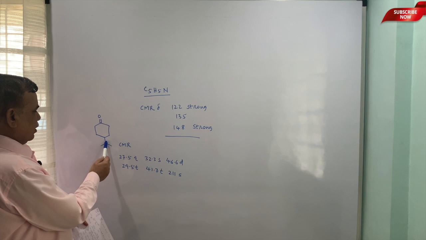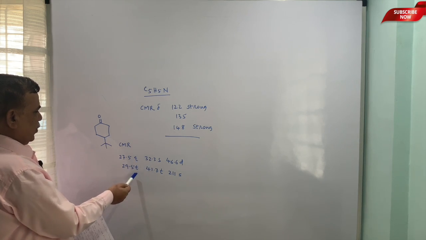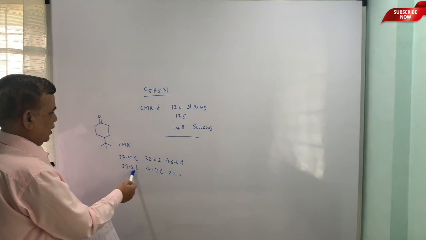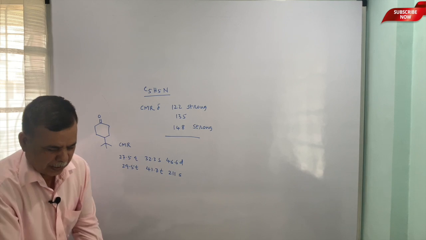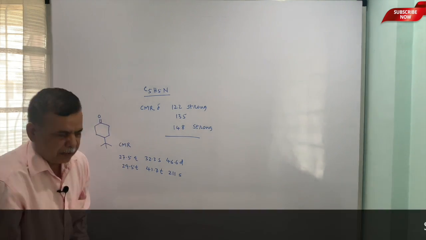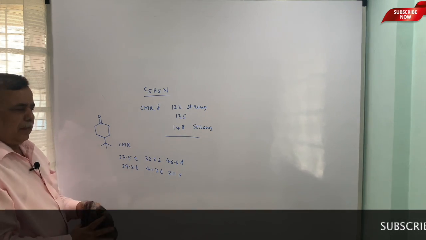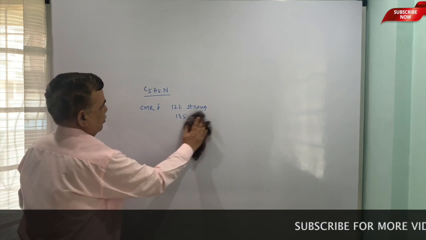This is the aliphatic one. So singlet is quaternary carbon, then methyl, methylenes and methine. So you are supposed to assign the signals on the basis of the multiplicities which are given over here. Okay. Next time I will once again come up with some more examples.